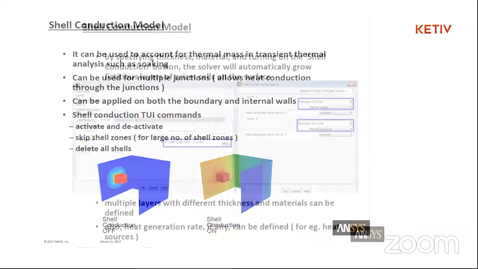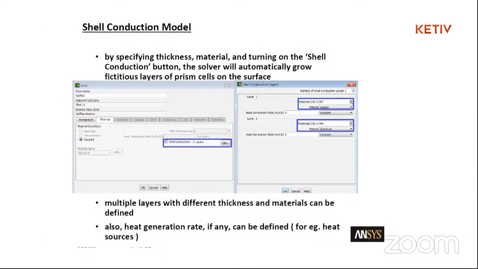So with that, let me just start with the demonstration, because I think I'm kind of running out of time. So I'll go ahead and explain some of this while I'm doing the demonstration itself. I'll go ahead and share my Fluent screen. Please let me know if you guys cannot see it. Just give me 1 second.